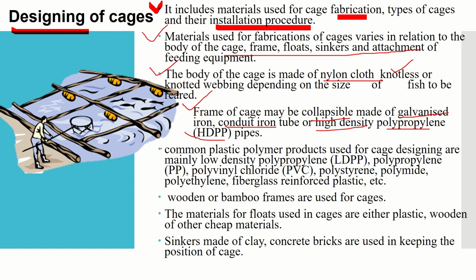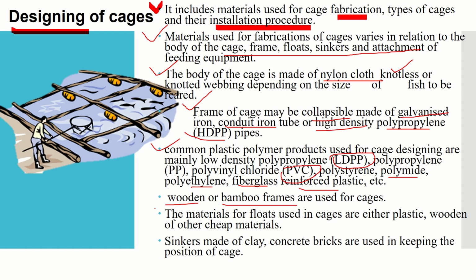Other common plastic polymer products used for cage designing are mainly low density polypropylene, polyvinyl chloride, polystyrene, polyamide, polyethylene, fiberglass, reinforced plastic, etc. In many cases, wooden or bamboo frames are used for cages, although the durability of these is less in comparison to frames fabricated out of plastic polymers or irons.